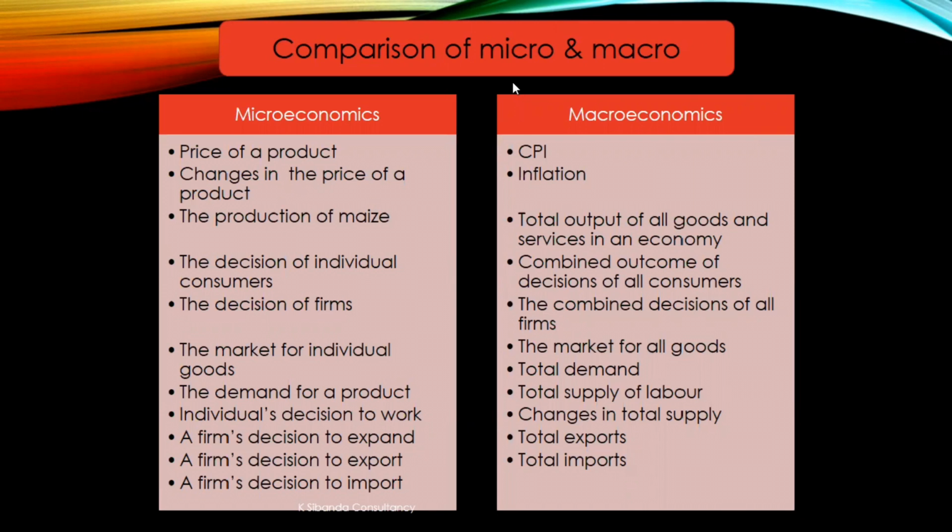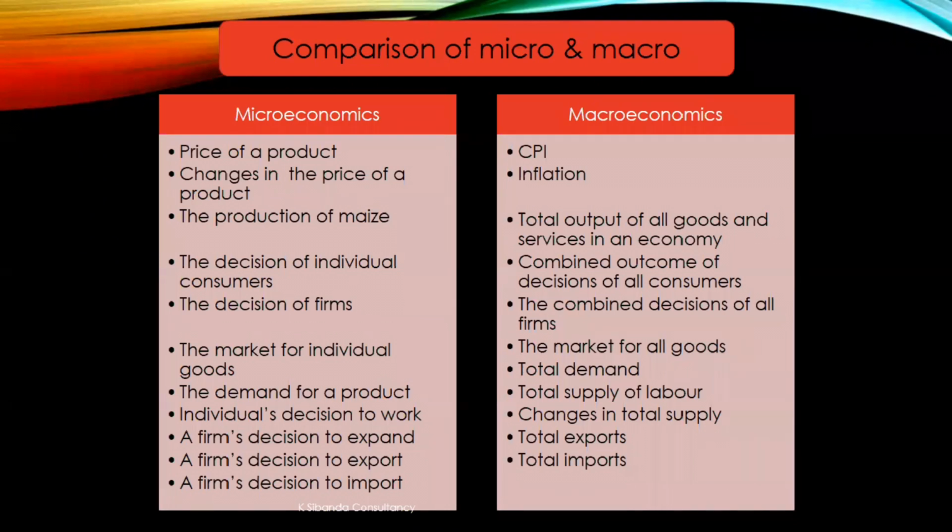Microeconomics and macroeconomics. So for example, I already mentioned the issue of price, where when it's micro, we are concerned about the price of a product, or how a firm gets to decide on the price of its product depending on the market structure that firm belongs to. But when it comes to macroeconomics, we are concerned about the consumer price index, which constitutes a basket of goods and services that are representative.